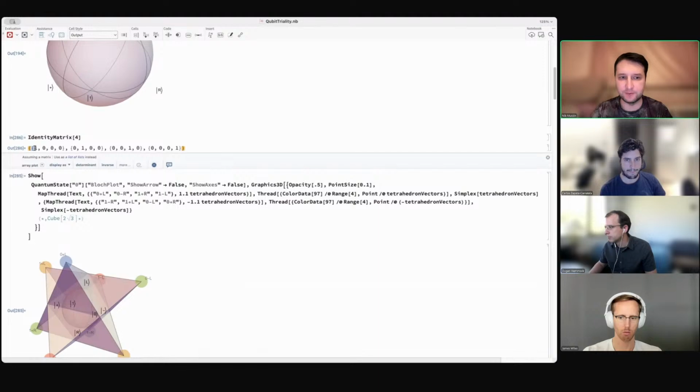So these are 4-dimensional points that form this simplex, and this is just its 3D projection. Yeah.